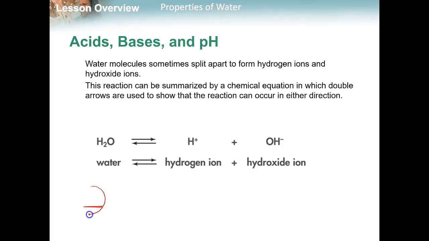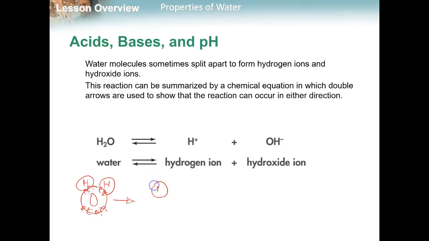So I'm going to go back and draw our water molecule, and we have our hydrogen here and our oxygen there, and remember that there's a pair of electrons here, and then there's two other pairs of electrons that are in this area. So what's going to happen is this water molecule is going to split. As I said, 1 out of every 550 million molecules of water goes through this split.